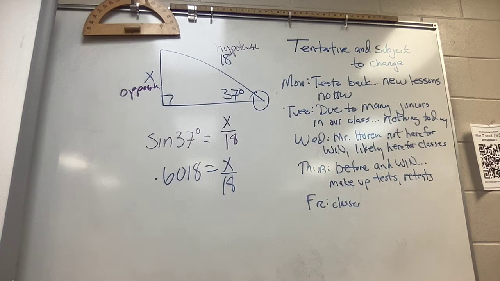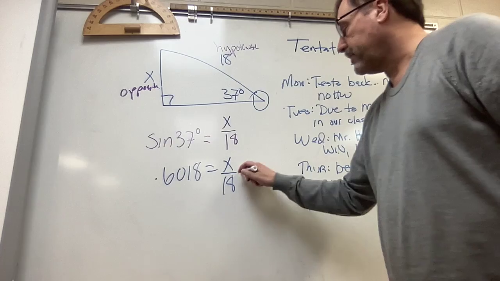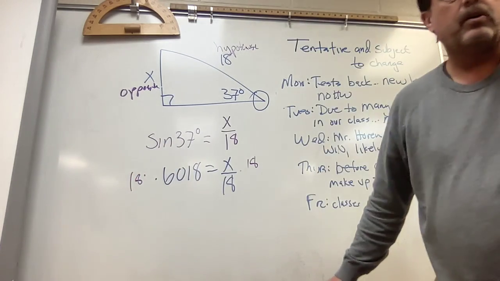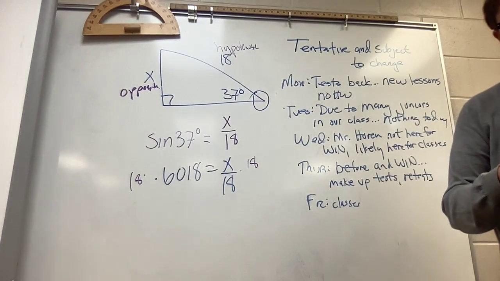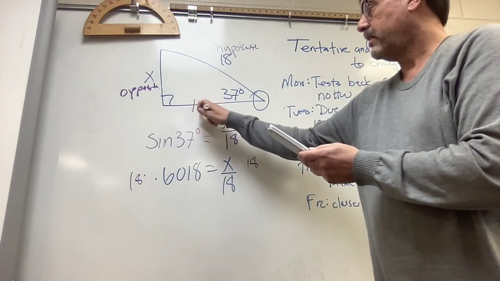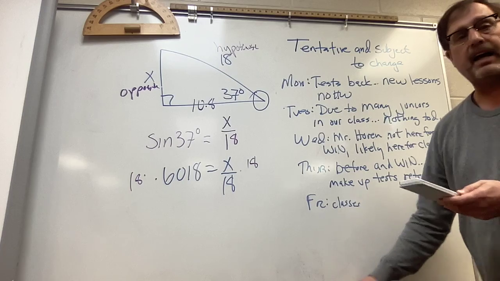Do what to both sides? Times 18. Would you please take 0.6018 times 18, or the whole decimal times 18? And if I'm going to the nearest tenth, that side is 10.8. If you got it, say, that's what I got.